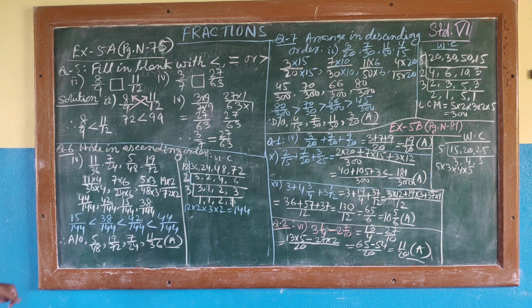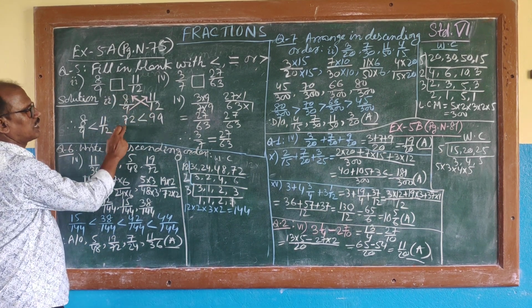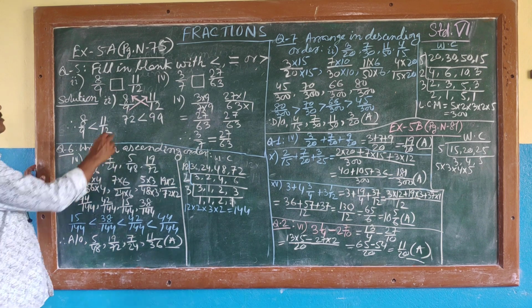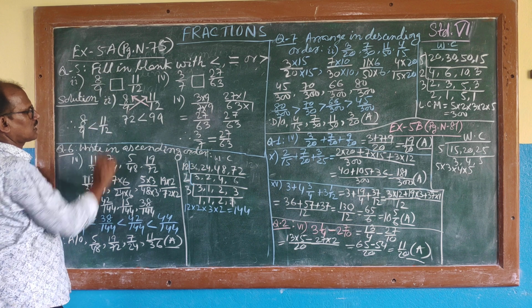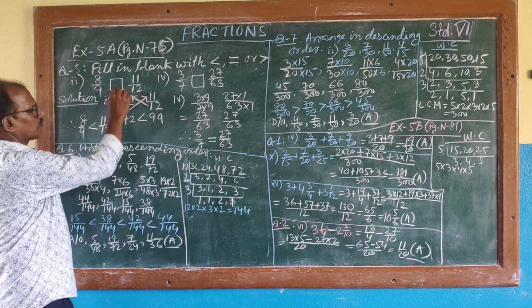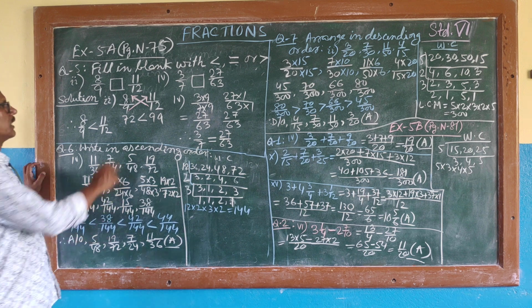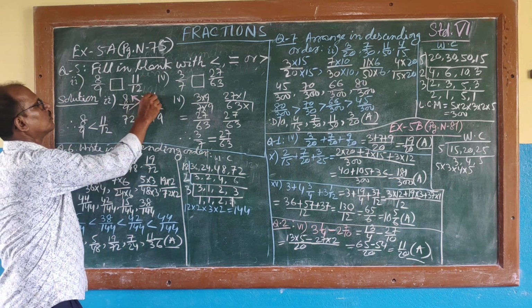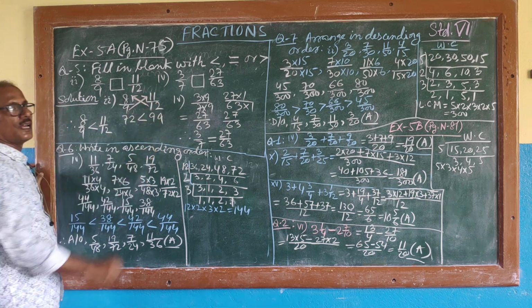Then what products are you getting? 8 12s are 72. So the first fraction's value is 72, because the fraction whose numerator is multiplied, that one's value we take. Now this one multiplied with this becomes 99, so let this fraction's value be 99.